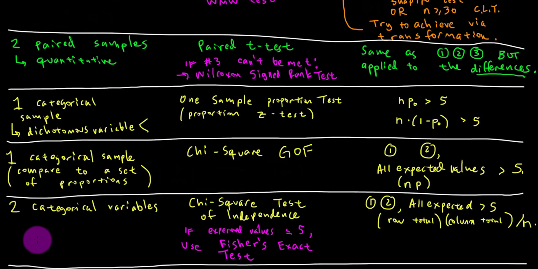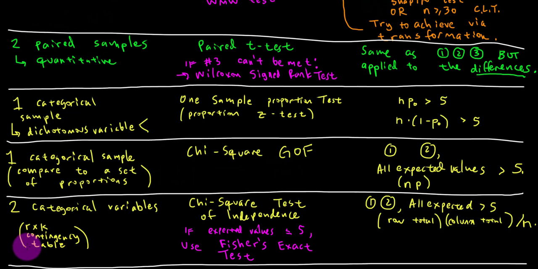Usually the data for a chi-square test of independence is presented in what we were calling an R by K contingency table, right, where the first variable has R categories, the second has K categories.